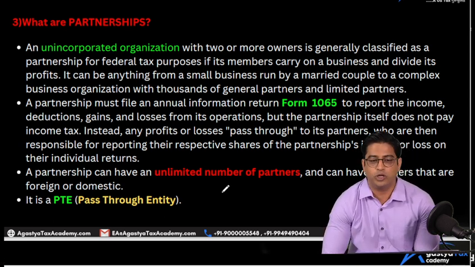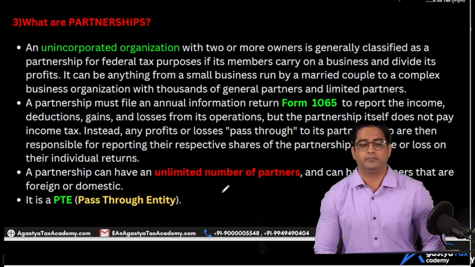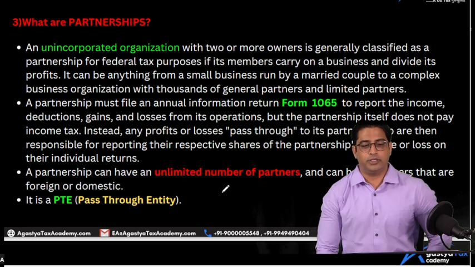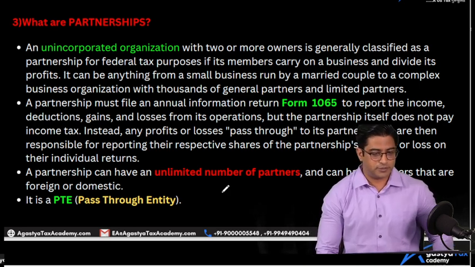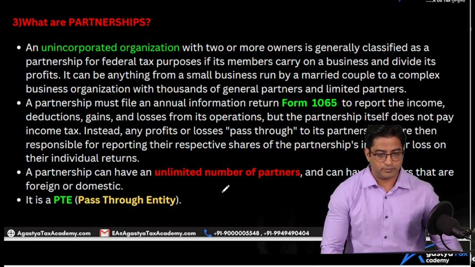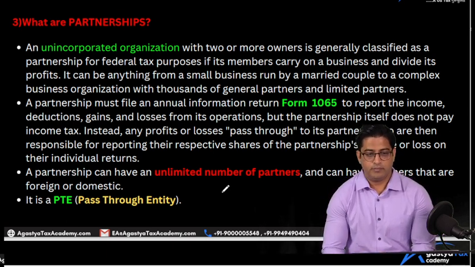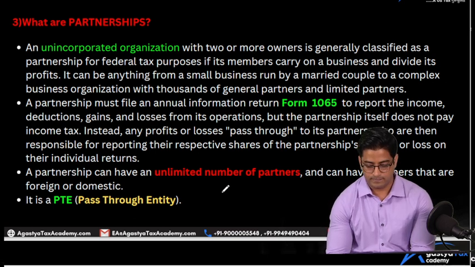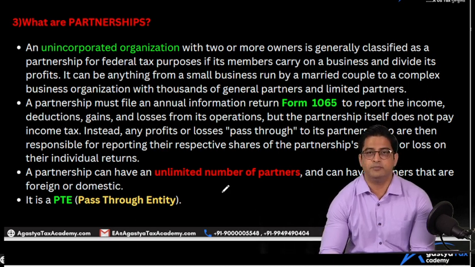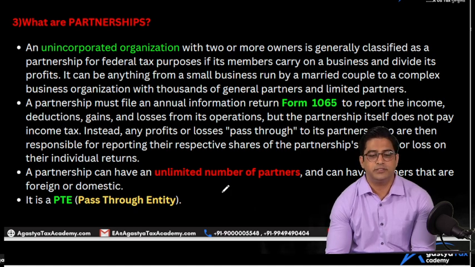An unincorporated organization with two or more owners is generally classified as a partnership for federal tax purposes, if its members carry on a business and divide its profits.